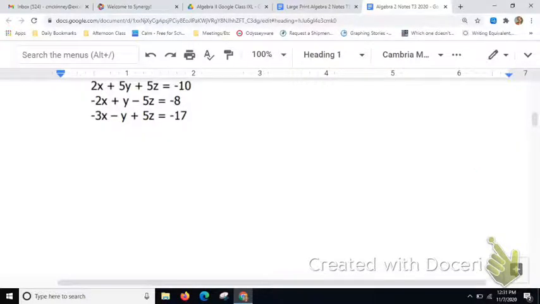So here's my system of three equations, and I want to try to put things together two at a time. Don't try to put everything together at once. If I can put things together two at a time so that one or more of the variables eliminate, that's what I want to do.